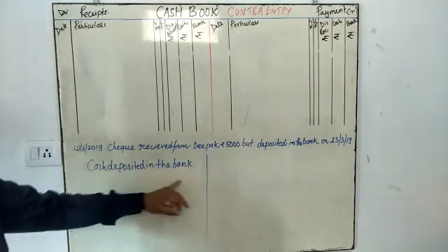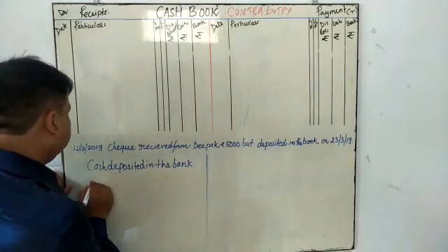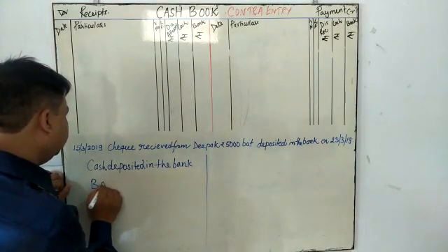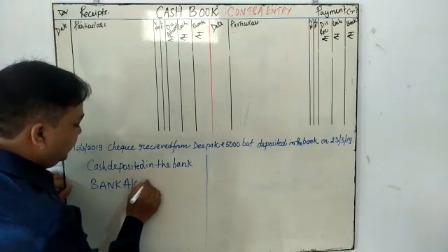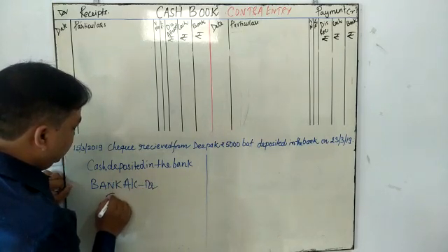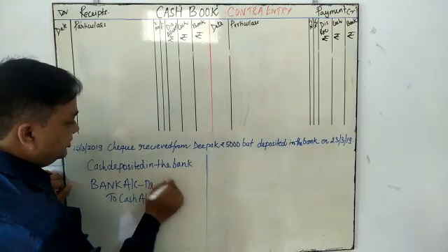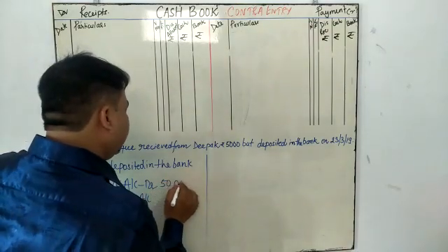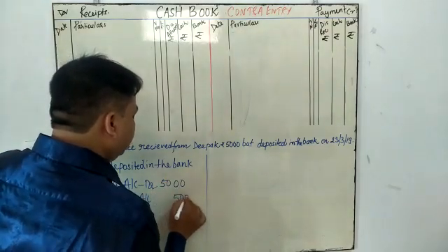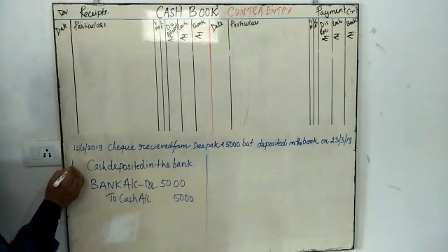Cash deposited in the bank? Simple. You already know: bank account debited to cash account. It is the journal entry. So let's take an example of rupees 5,000.